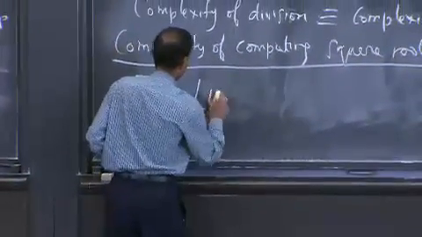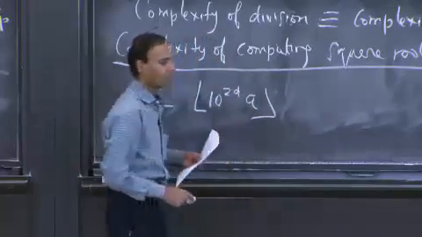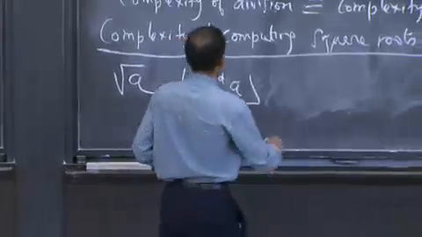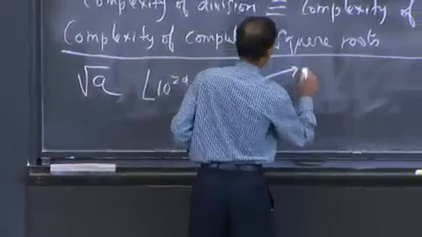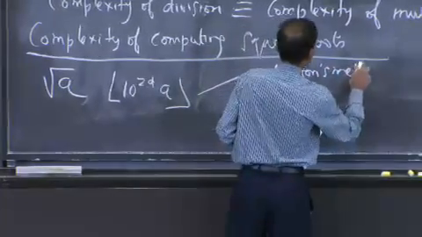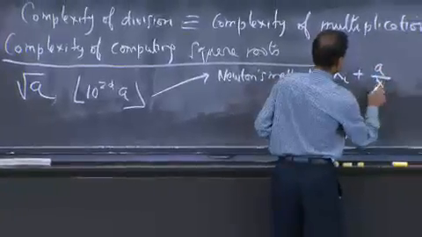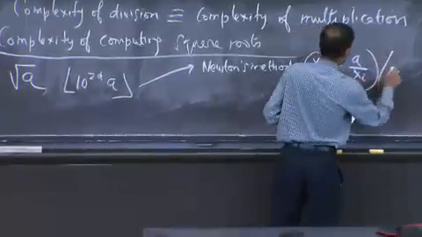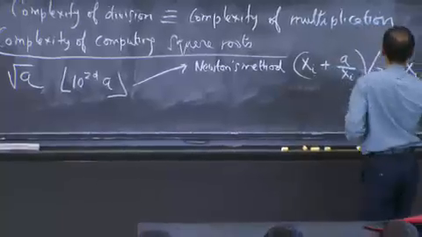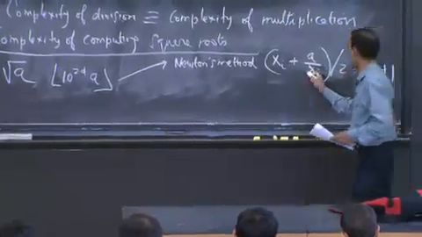We're going to end up doing 10 raised to 2d times a, and we're going to run Newton's method on it. So you've got one level of Newton's method. And the iteration with respect to the Newton's method is something like x_{i+1} equals (x_i plus a divided by x_i).